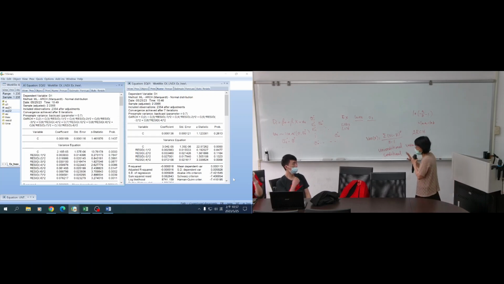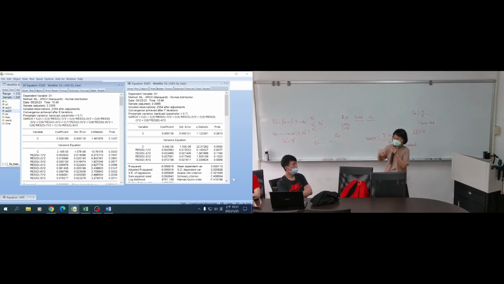This is not like the ordinary least squares method. Usually the maximum likelihood estimator is not a straight line. It is very complicated. You need several tries until it converges.